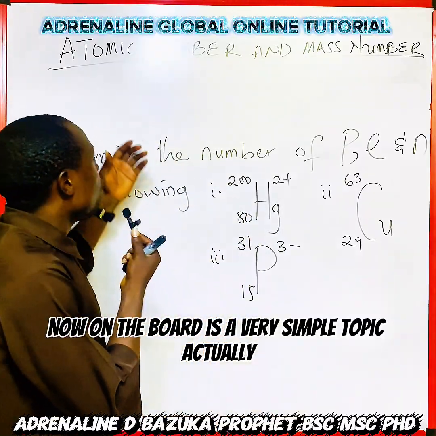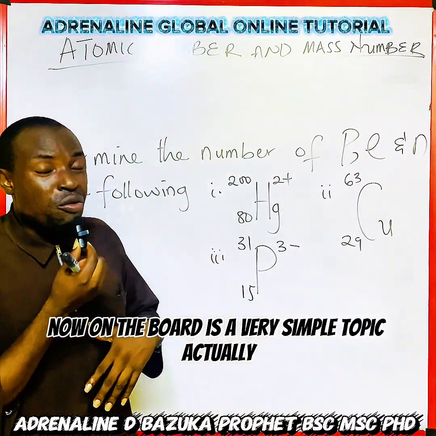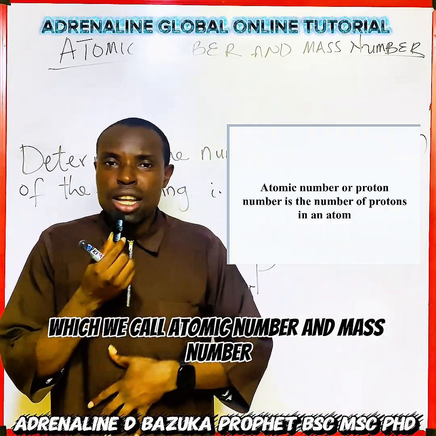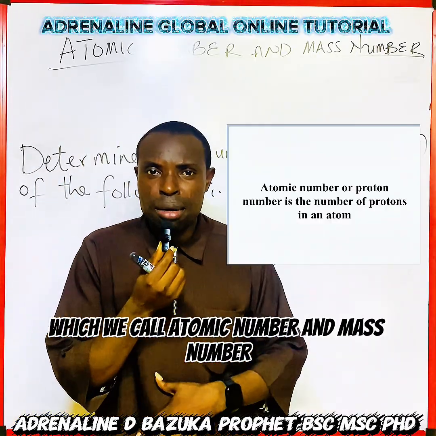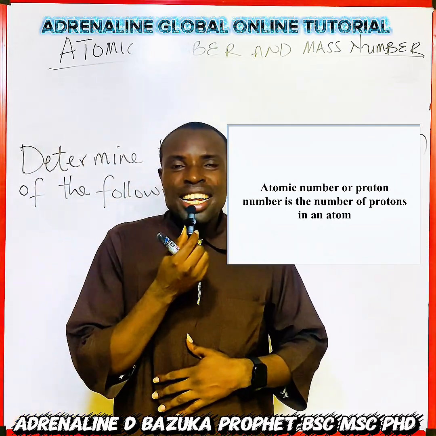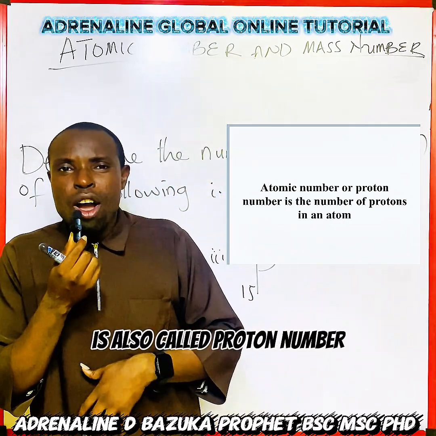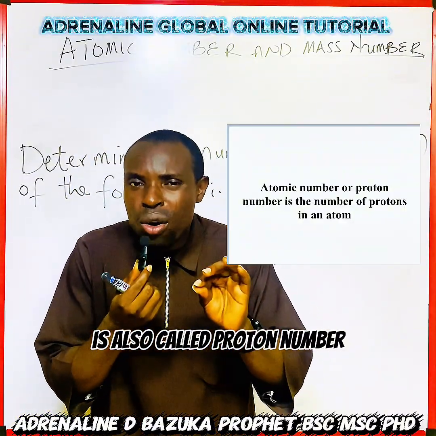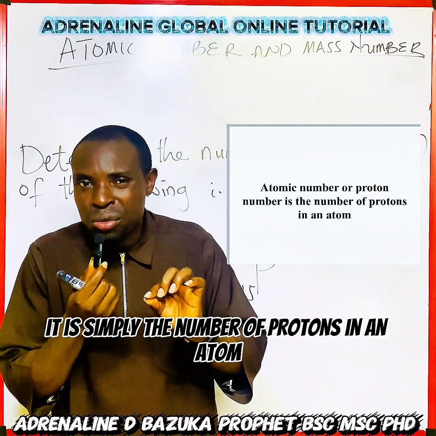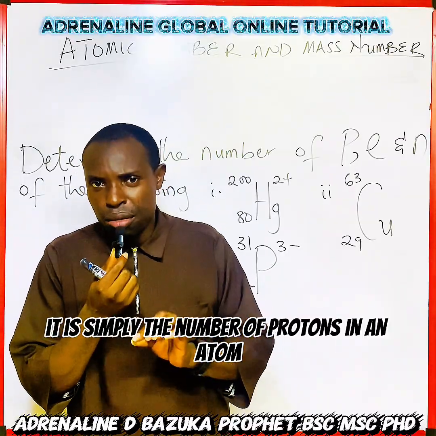Now, on the board is a very simple topic actually, which we call atomic number and mass number. We should understand that atomic number is also called proton number. It is simply the number of protons in an atom.